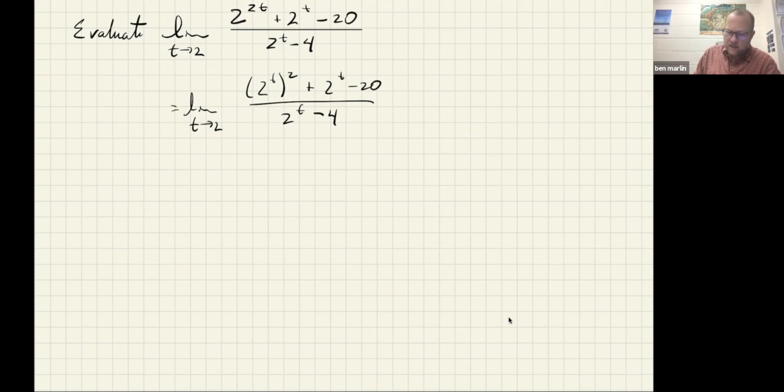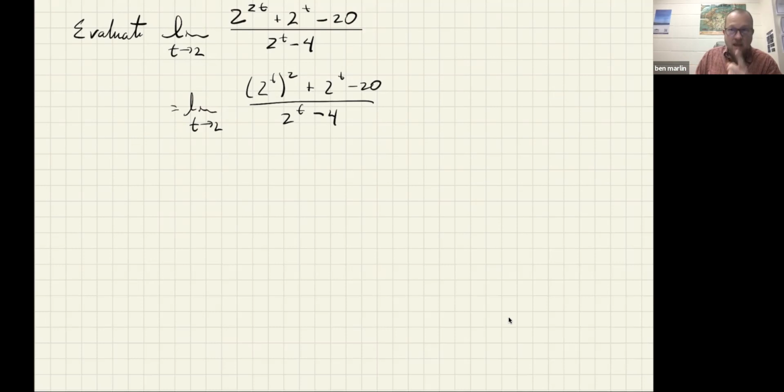So the thing that you are going to have to do first is to plug in your t equals 2. When you do that, on the bottom, you got 2 to the 2 minus 4 is 0. On the top, you will end up with 16 plus 4 minus 20. So that's 0. So it's going to be 0 over 0. Something's going to cancel.